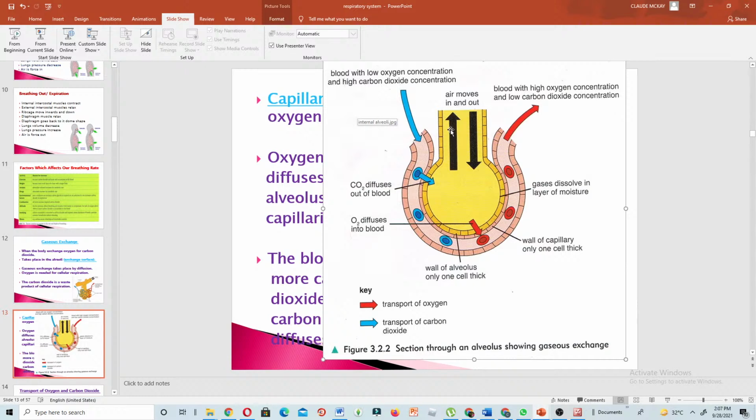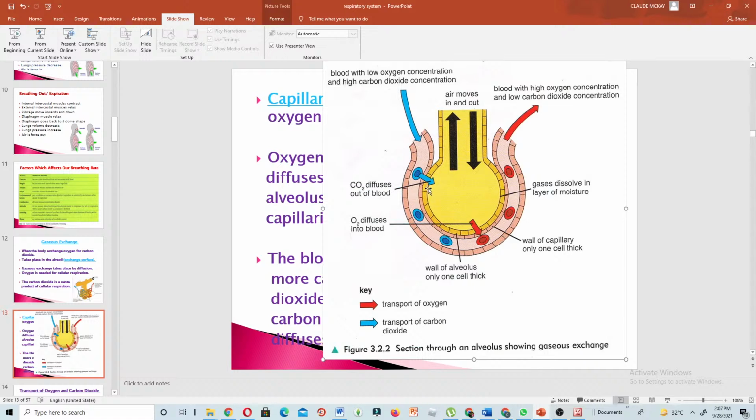So this arrow is showing that the carbon dioxide will now be going out of the human respiratory system, so we can get rid of it by breathing it out. While you're seeing the red arrow, which is O2 diffuses into the blood. So this is oxygen.